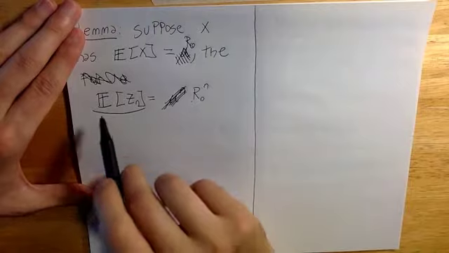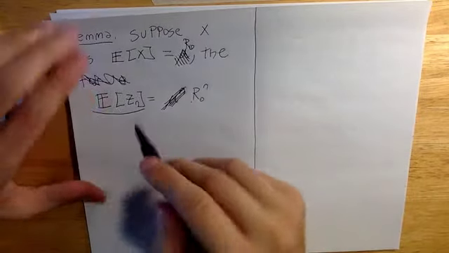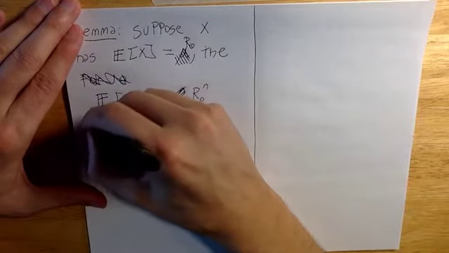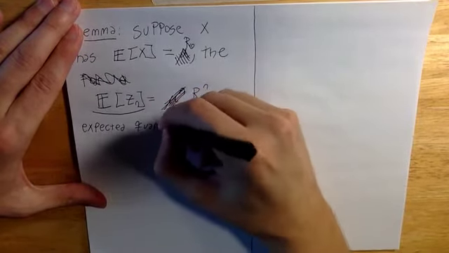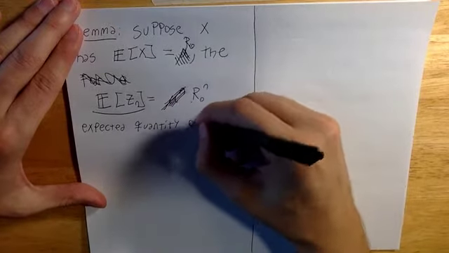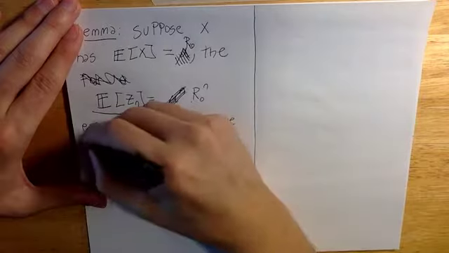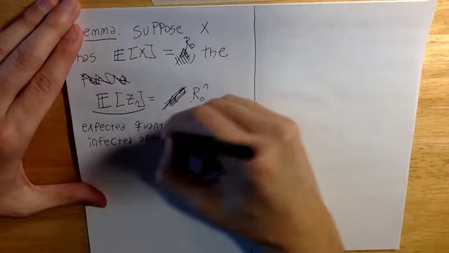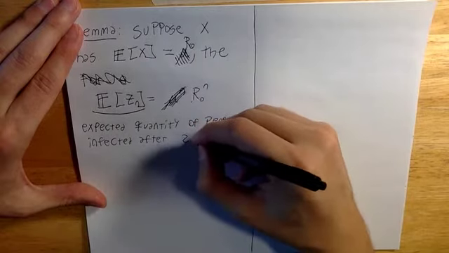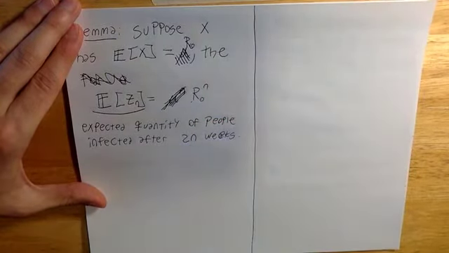Okay, so E of Zn, the expected value, this is the expected quantity of people infected after 2n weeks. Okay, so what is the remark?